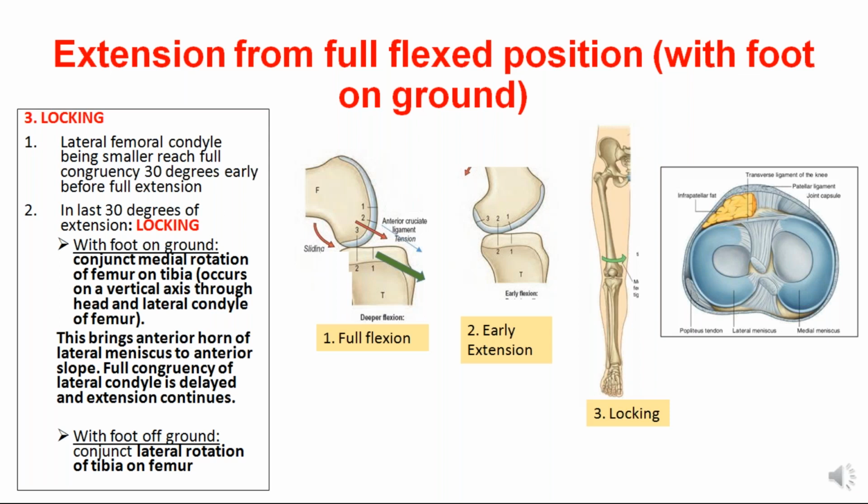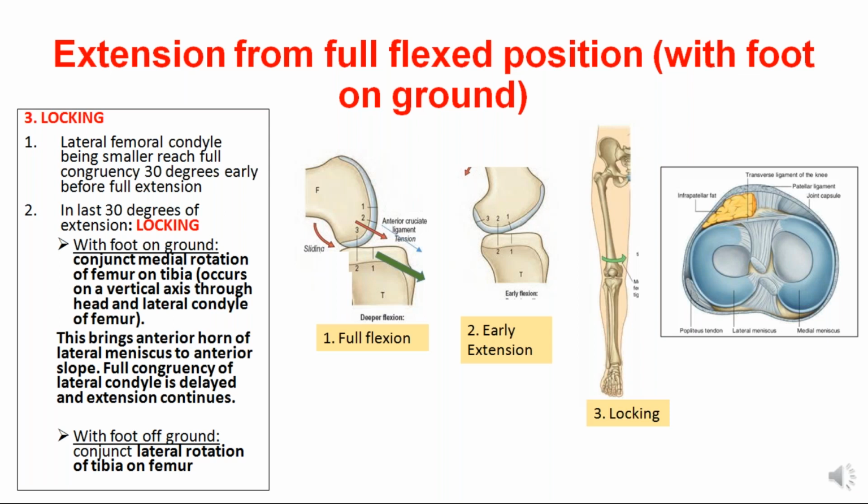So what happens in locking is the lateral femoral condyle articular surface is already used up. Now we are left with the medial femoral condyle, whose articular surface is still not utilized fully with the extension.